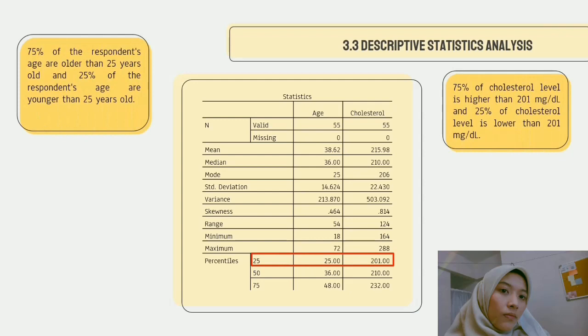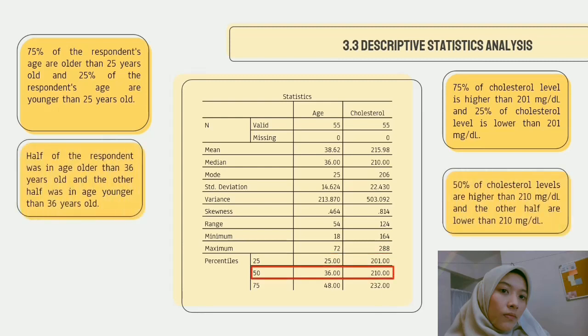For the first quartile, 75% of the respondents are older than 25 years old, and 25% of the respondents are younger than 25 years old. Meanwhile, 75% of cholesterol level is higher than 201 mg per dl, and 25% of cholesterol level is lower than 201 mg per dl.